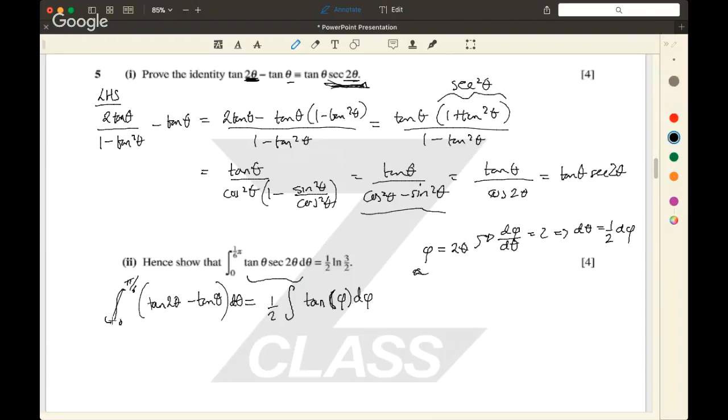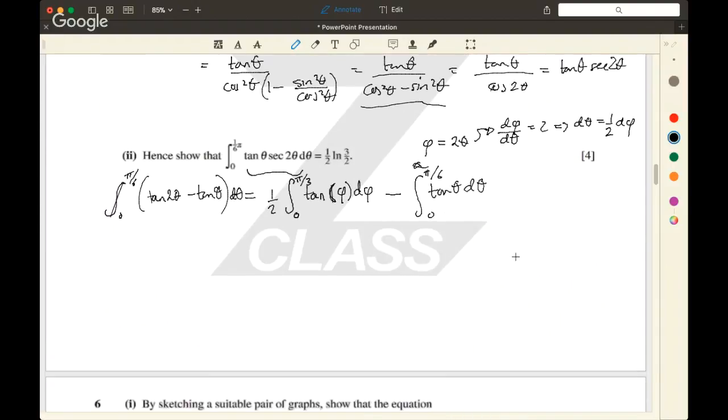The limits will change: when theta is 0, phi is also 0, but when theta is pi on 6, phi is pi on 3. And the other one I'm not going to bother doing anything with. This is tan of theta d theta from 0 to pi over 6.